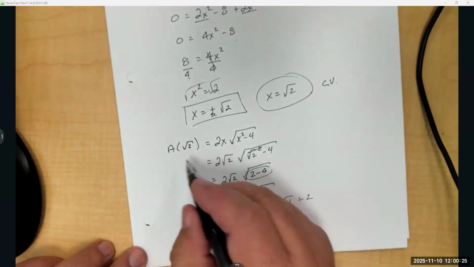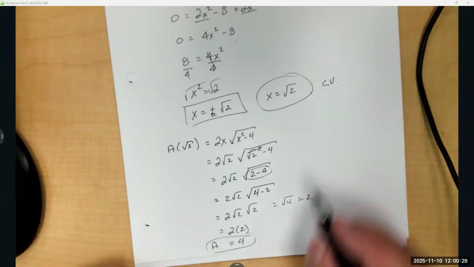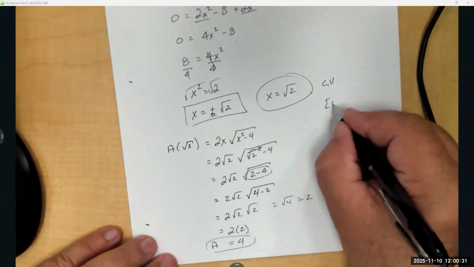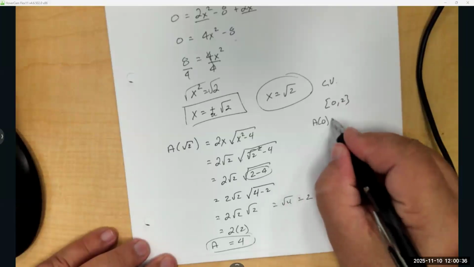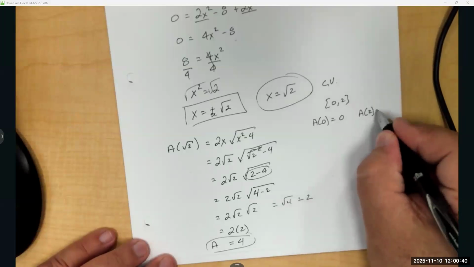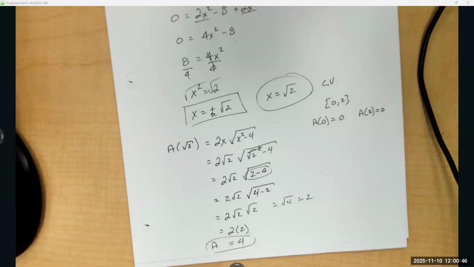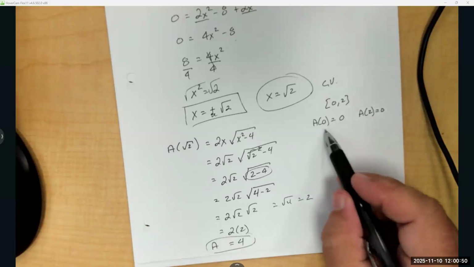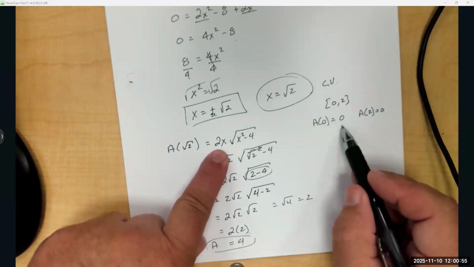Okay, this is only one of them. Remember, we're supposed to check 3 points. What are the ends of our bounds? Our domain was 0 to 2. If we plug in 0, we get 0, since 2 times 0 is 0.